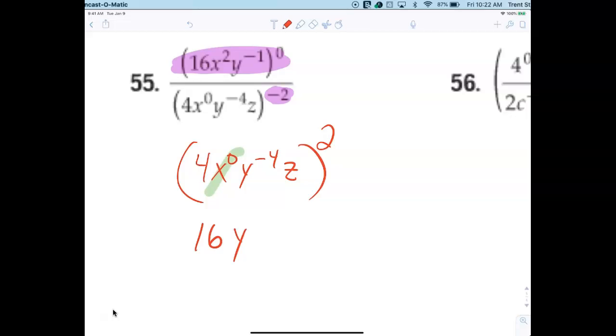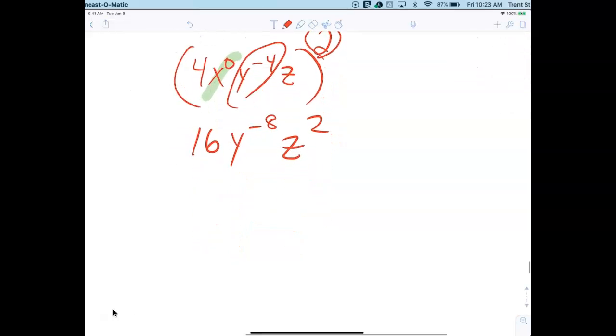Power to a power. I'm doing this to this. What's the rule? Power to a power. Add, subtract, multiply, divide. Multiply. So what am I going to get? Yes, y to the -8. And then z to what power? That is correct. Now, final step. What do I have to do with the y?